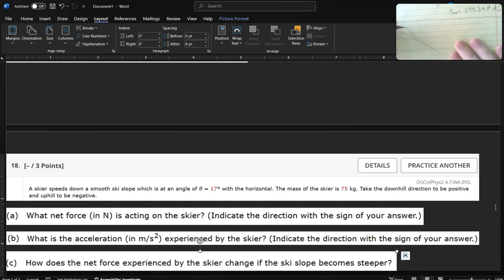So you have our skier here. You have a little scarf. We have 17 degrees. The mass of the skier is 75 kilograms.